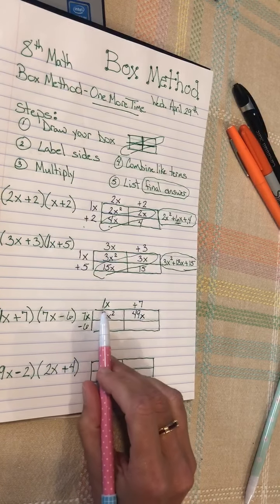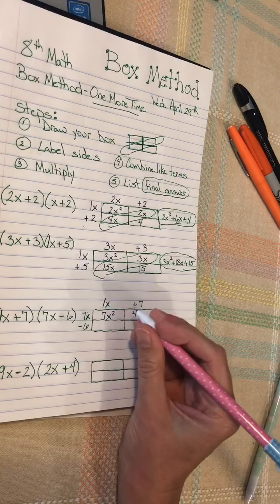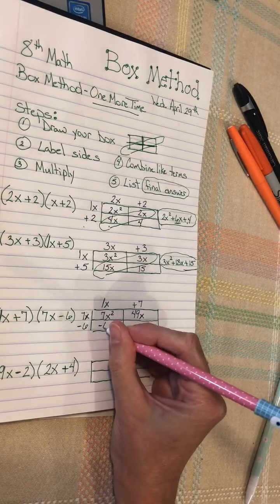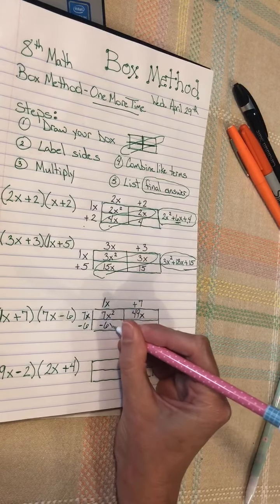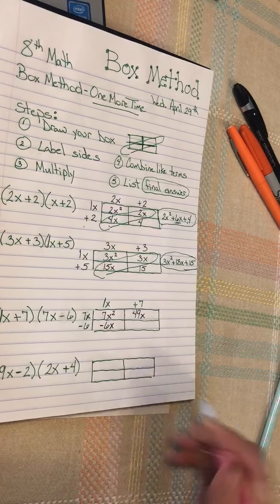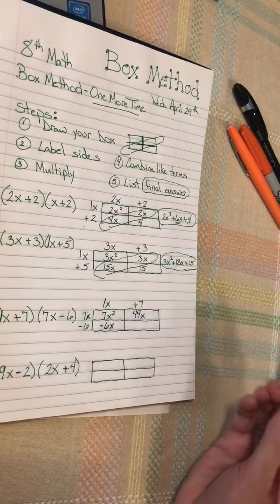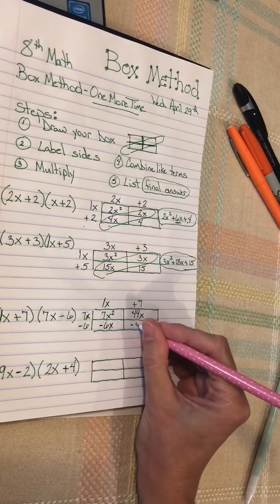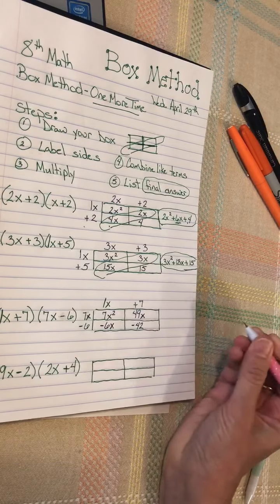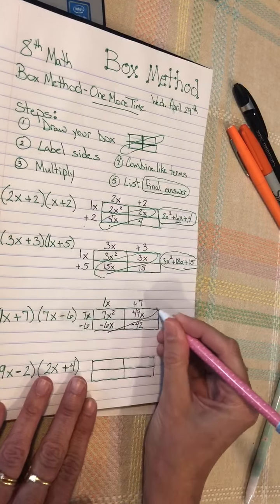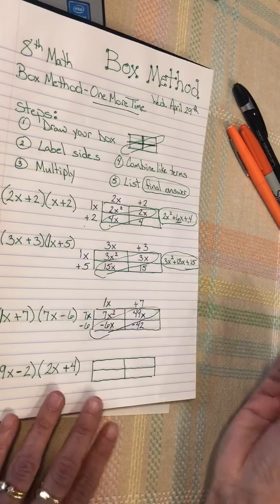Negative 6 times a positive 1x. Negative 6 times 1 is a negative 6, and then I put my variable on. Negative 6 times a positive 7 is a negative 42. Okay. I'm going to combine my like terms.